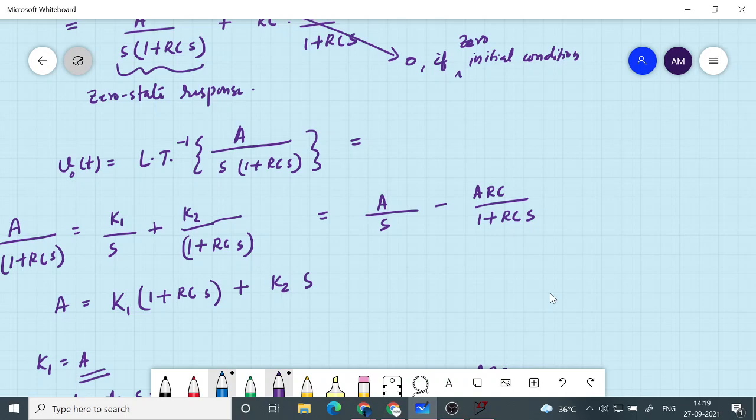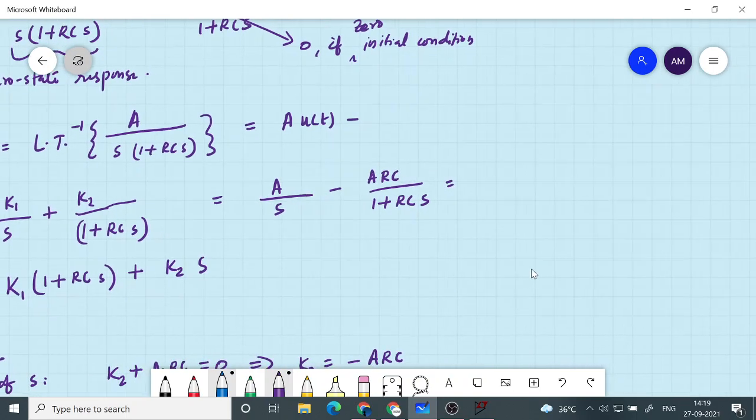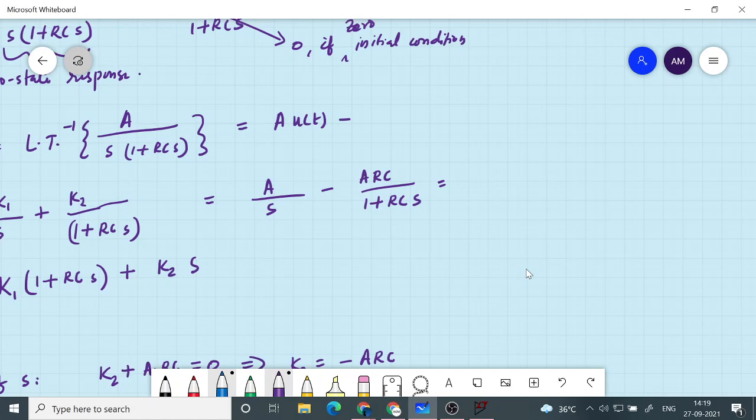A by S, that is our u of t, A into u of t, minus, now here A into RC is a constant. Now I can further write this term in a slightly more standard way, dividing it by RC. I can write it as A by S minus A by S plus 1 by RC. So this is even more standard.